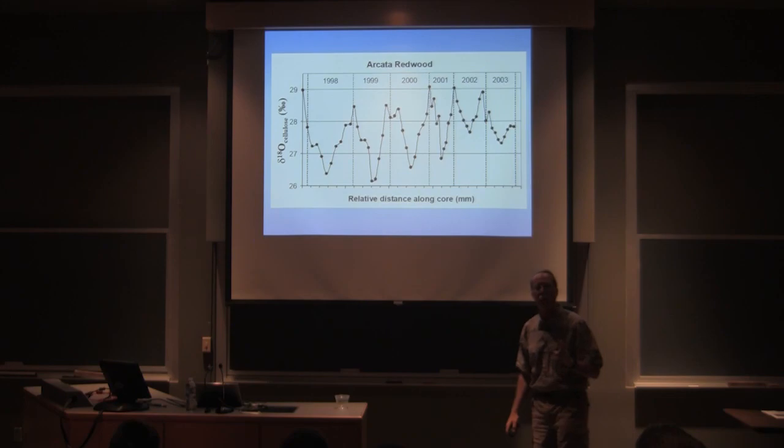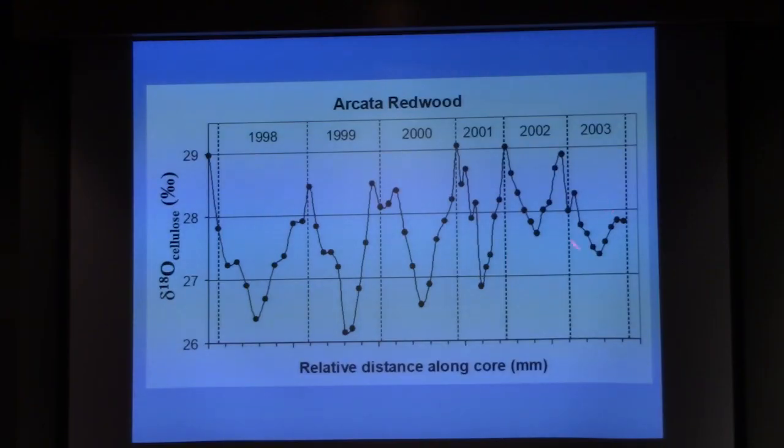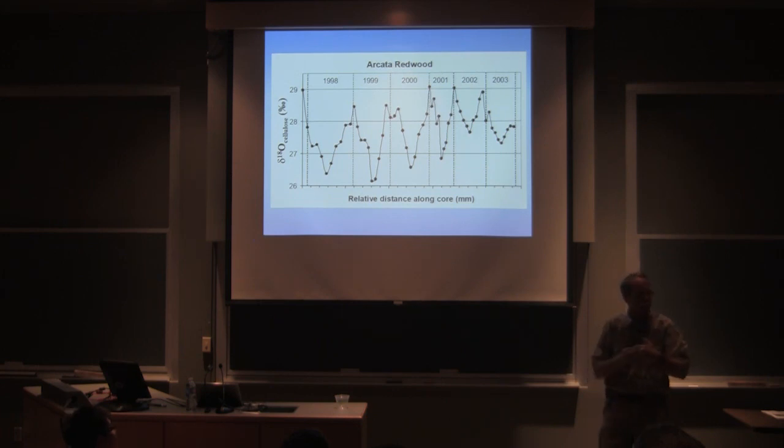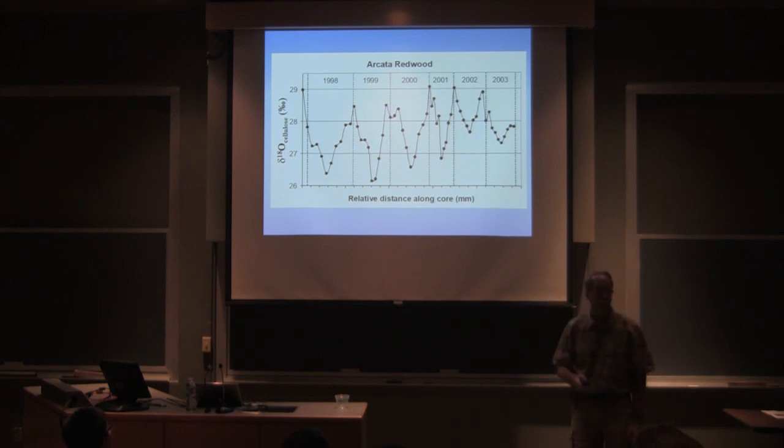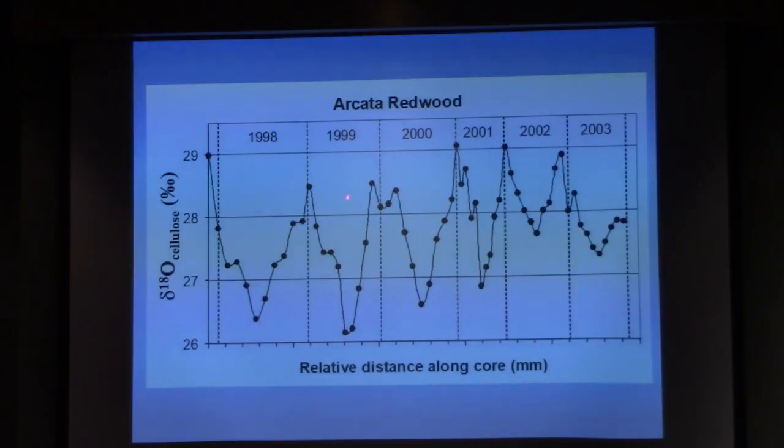Now, why is that important? I want you to look at 2 years. Look at 2003. If I integrate over the entire ring, I would get a value of about 27.7 per mil. Okay? Now, if I look at 2000, if I integrate that entire ring, I would get a value of about 27.7 per mil.